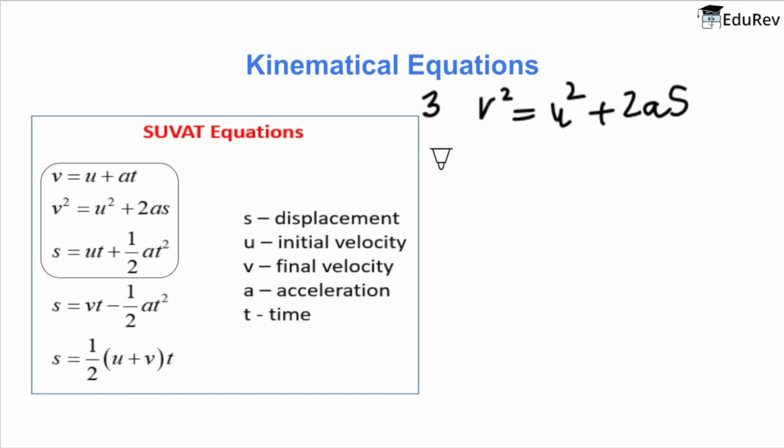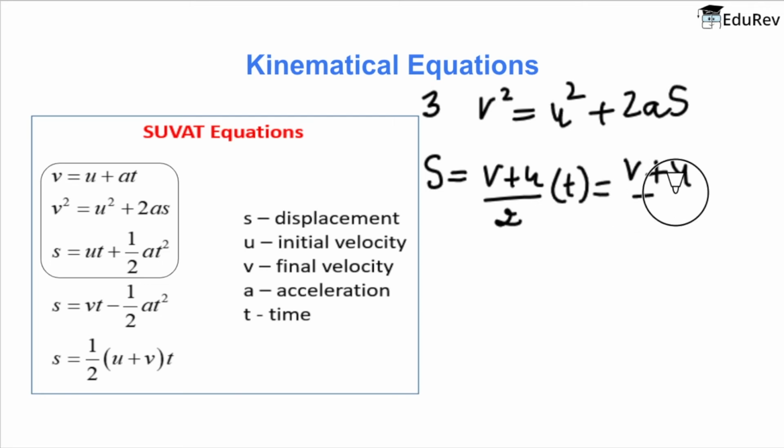Now how did we get to this one? Let's understand. If you recall, in the derivation of the previous equation, we calculated distance traveled as (v plus u) divided by 2 times t. And from the first equation, we can substitute the value of t: first we write (v plus u) divided by 2, and we can write t as (v minus u) divided by a.